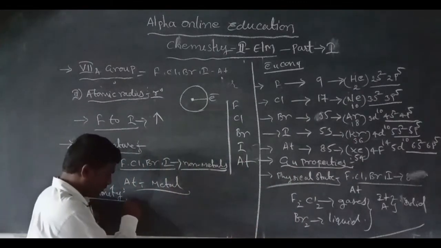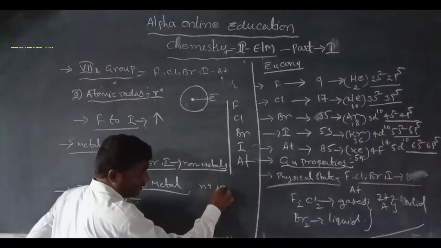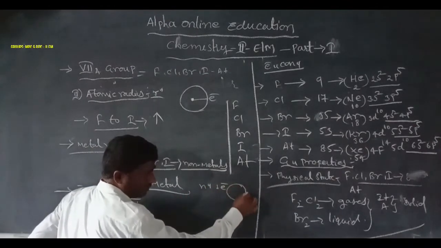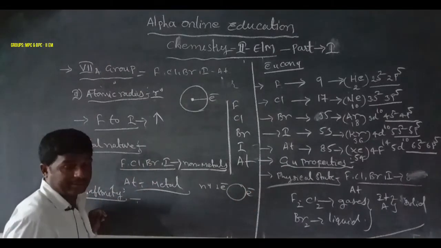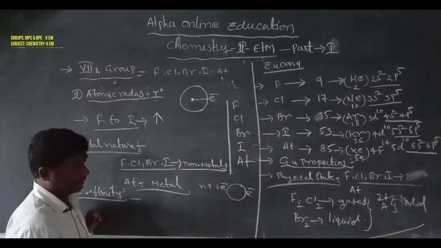So in electron affinity, one electron is added to the outermost shell.